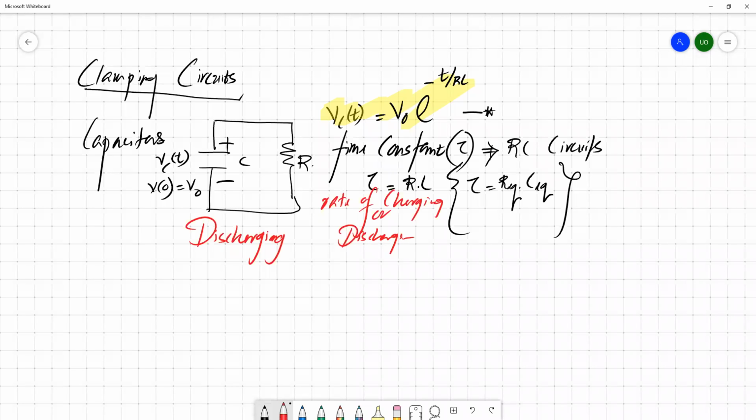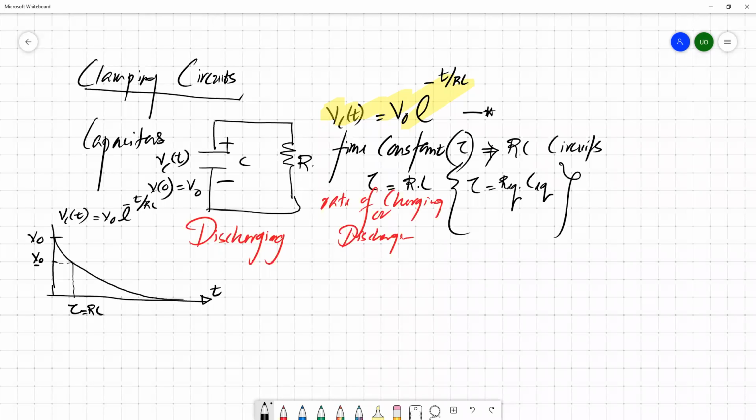We can illustrate this time constant. This is the discharging process. The initial voltage is V naught, and VC, the voltage across the capacitor, behaves like this against t. The time constant for this RC circuit is the product of R and C, so tau equals RC. At time RC, the value is V naught divided by e.